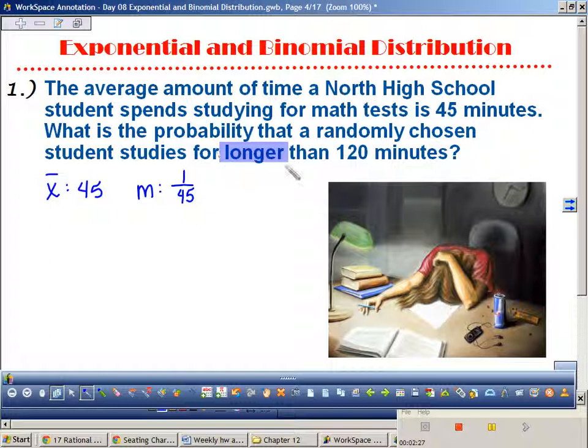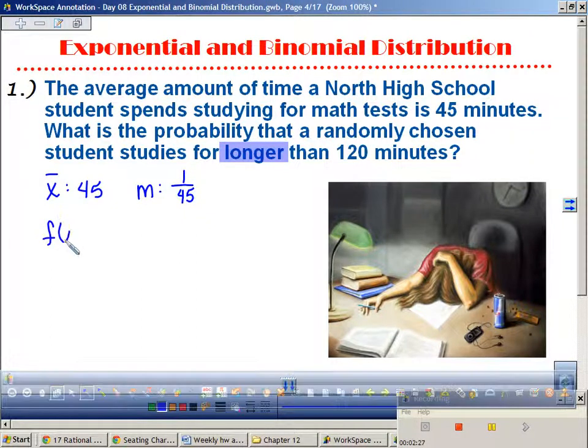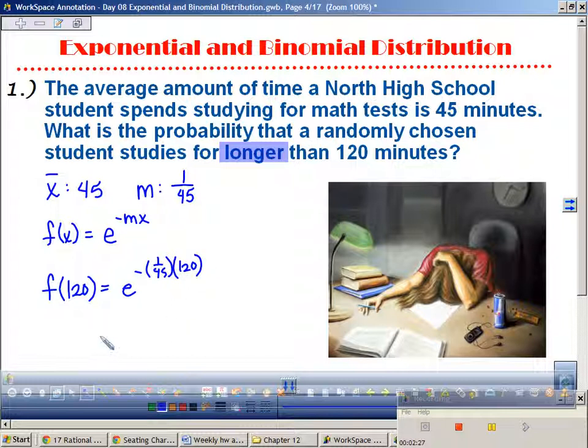Okay, so anything that's longer, we use this formula, f of x equals e to the negative mx. So f of what? How much are we talking? 120 minutes would equal e to the negative 1/45 times 120, which is e to the negative, this is how I put it in my calculator, 120/45.